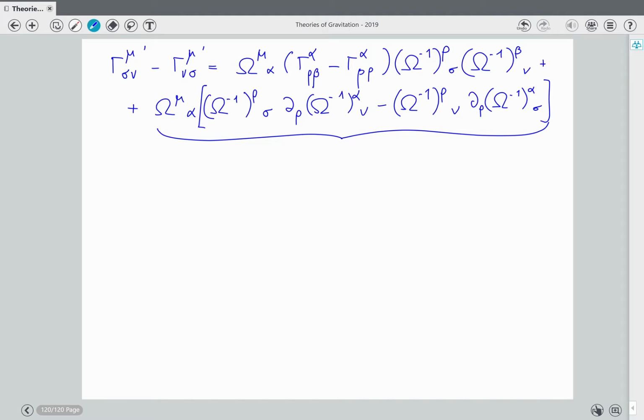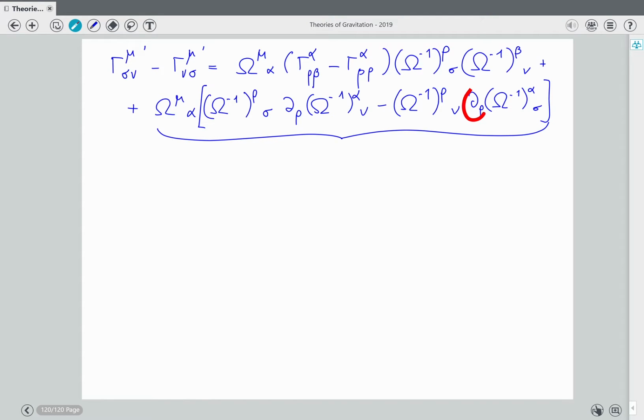Let's focus on this derivative, because with a partial integration, so-called, we can move it here, because you see this is a partial rho, and there is an omega minus 1 with a contraction alpha with omega. Omega minus 1 omega is 1, and so you can move this d rho there with a minus sign.